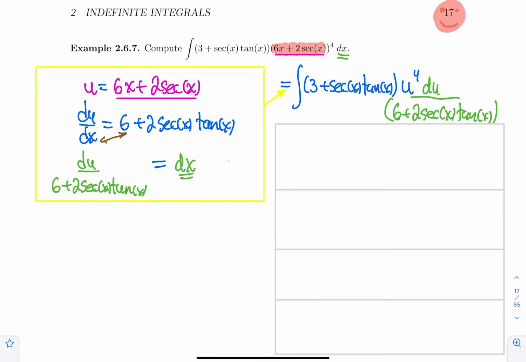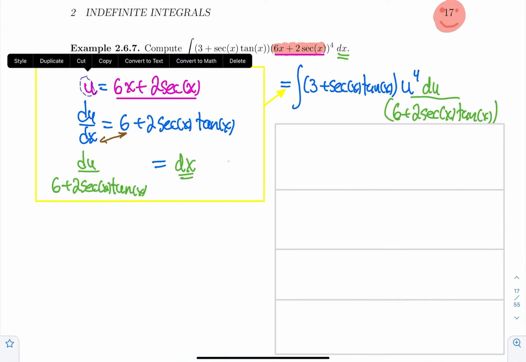All that is within the power of 4 is now replaced by u, so you get u to the 4. And now the dx is du over 6 + 2 sec x tan x.